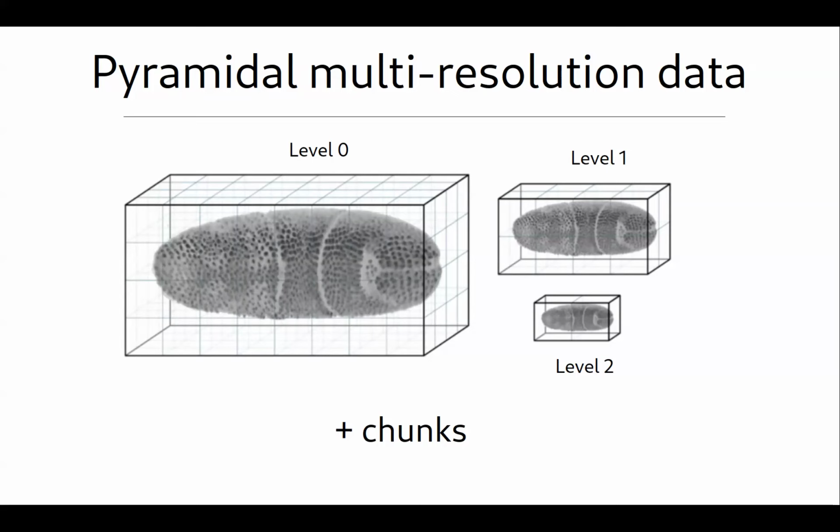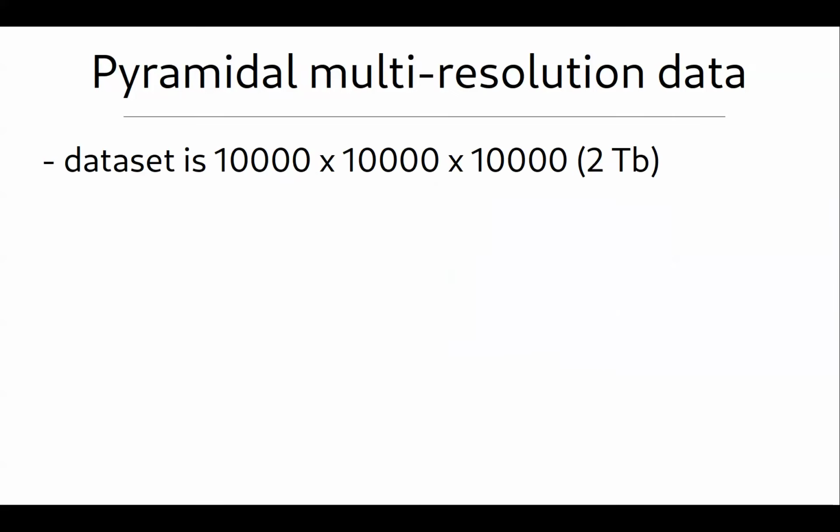Why is this advanced? Because in reality, if you're working with a really big data set, around 2 terabytes, imagine these are the dimensions in X, Y, Z in pixels. In the end, the screen where you're looking at it has a much lower resolution. So there is no point in loading everything and sampling all the pixels, because if we're looking at the whole volume, our screen pixels are much larger than the pixels of the dataset.